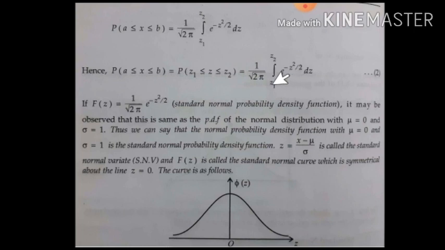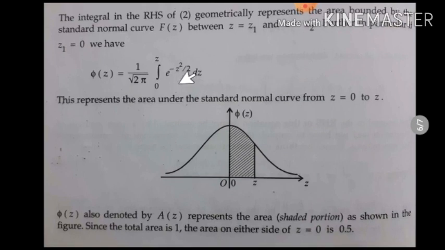In particular, if I take z1 as 0, here in the graphical representation also, along with the y-axis we have taken phi of z. Phi of z represents the area under the normal curve with the condition z equal to 0, the lower limit value of z being taken as 0. So in particular we have written that. So this represents the area under the normal curve.